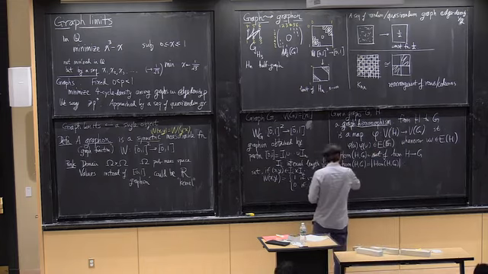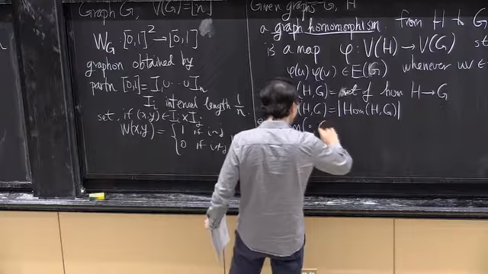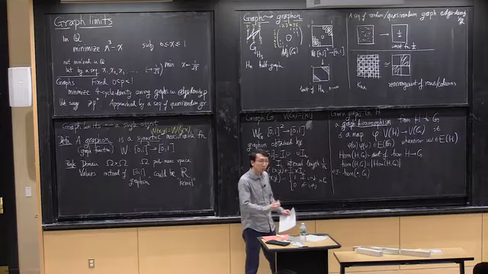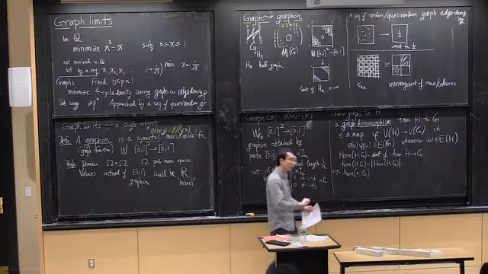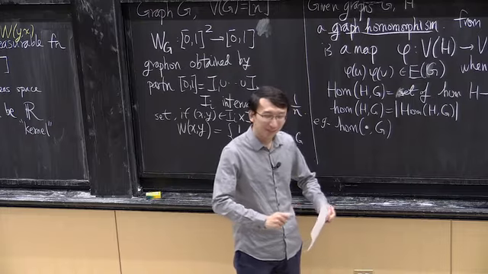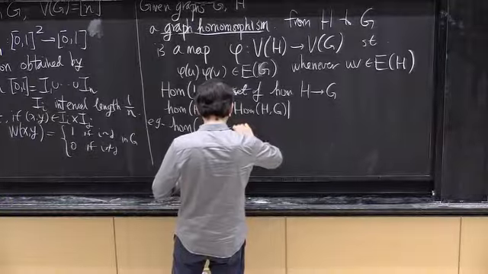So for example, the number of homomorphisms from a single vertex with no edge to a graph G, what is this quantity? Okay, so it's the number of vertices of G.